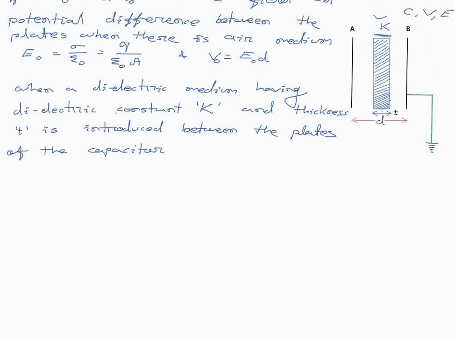Now when a dielectric medium having dielectric constant K and thickness T is introduced between the plates of the capacitor, then the air thickness gets reduced from d to d minus t.